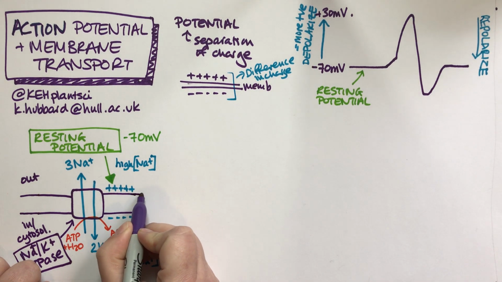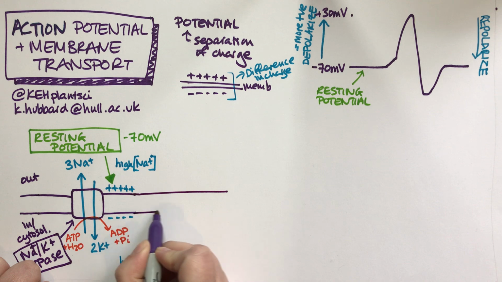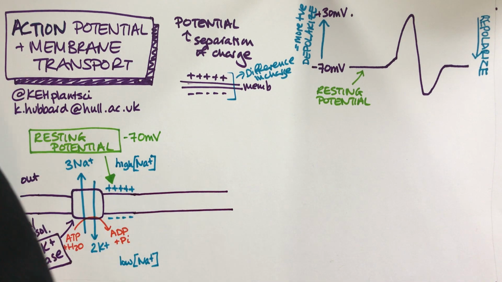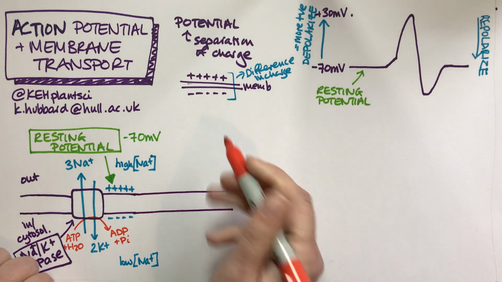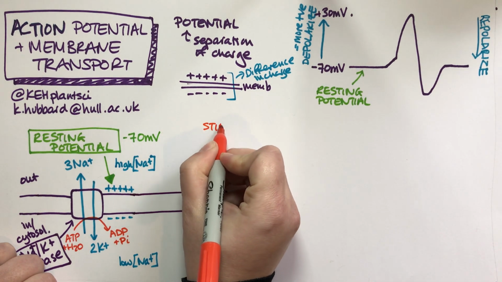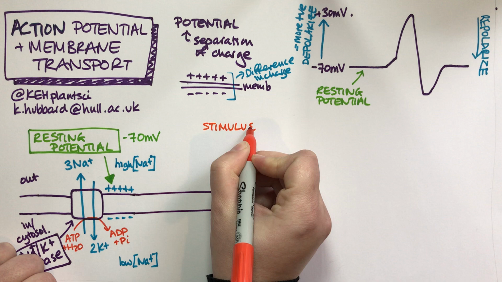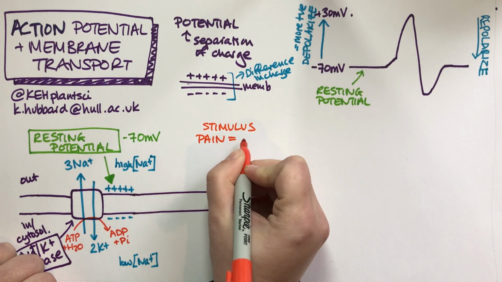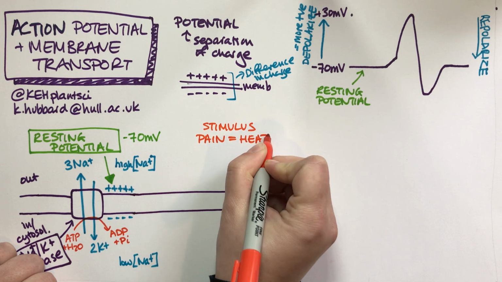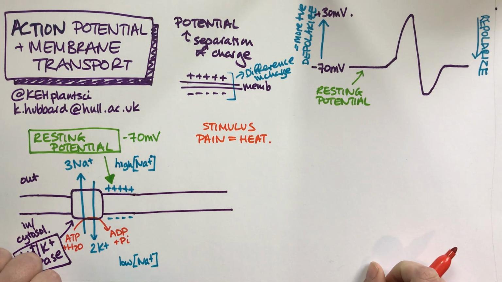Okay. So let's now start to think about a stimulus happening. The stimulus that we're going to think about is a pain stimulus caused by heat. So a biological event happens.